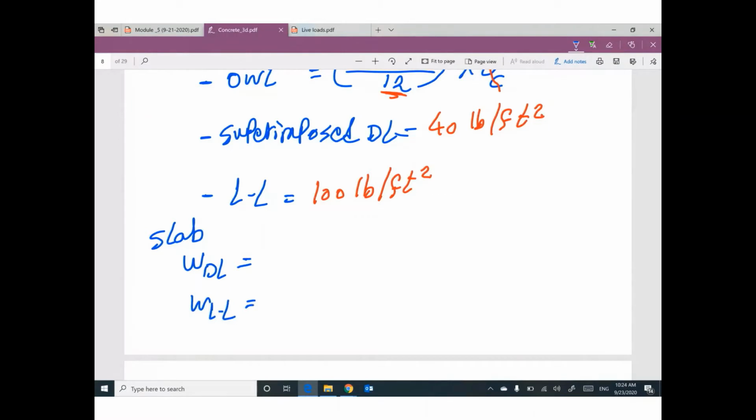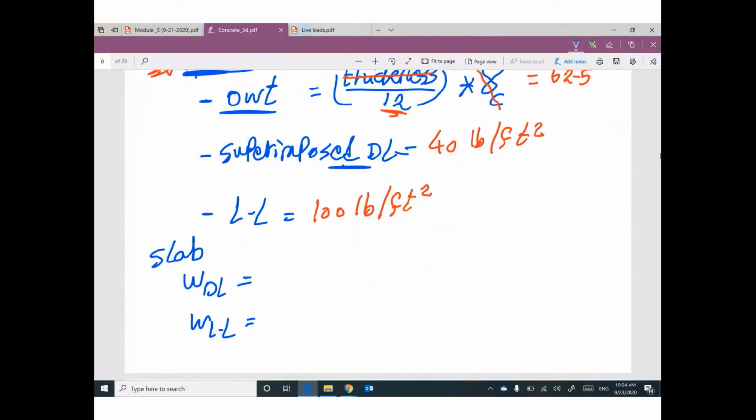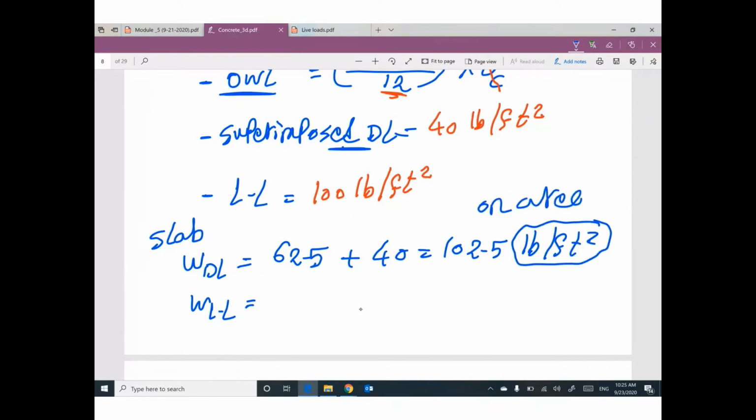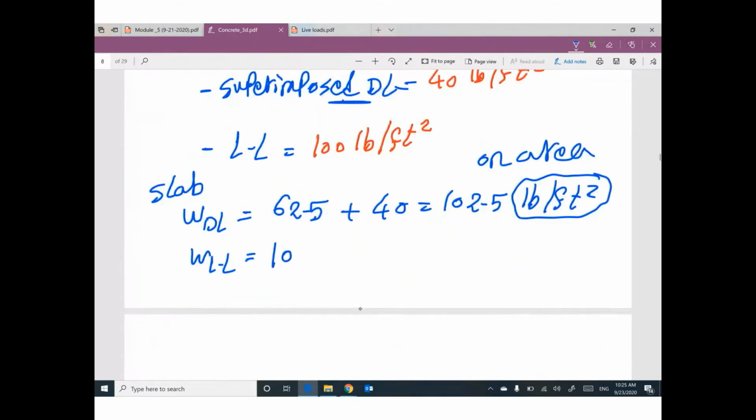For W dead load, own weight is a dead load. Superimposed dead load is a dead load. So we have 62.5 plus 40. Your value will be 102.5 pound per square feet. Pound per square feet, that means on area. And your live load will remain the same, pound per square feet. So W for slab dead load, W for slab live load. I'm talking right now about beam.